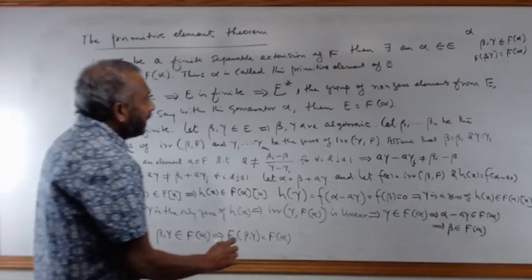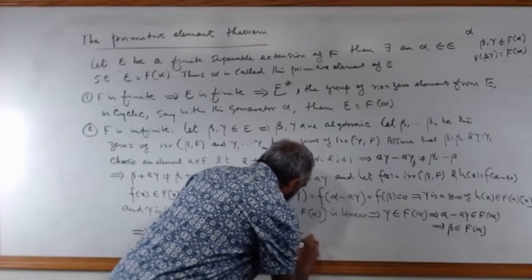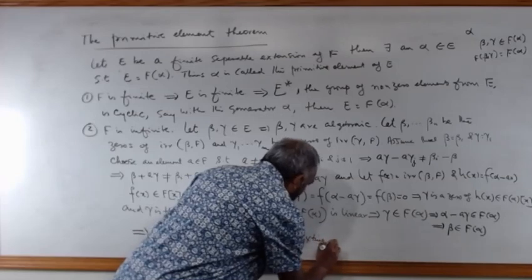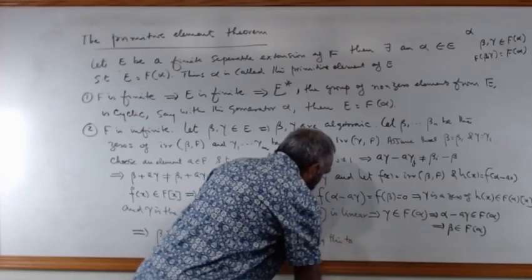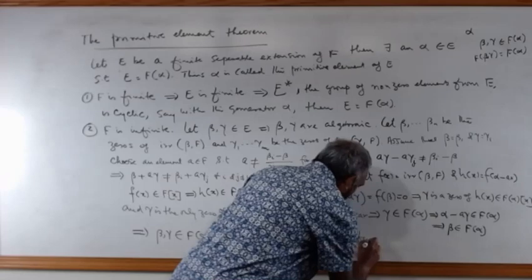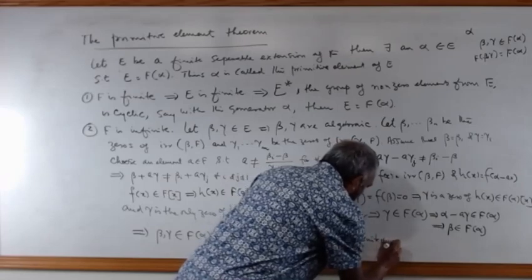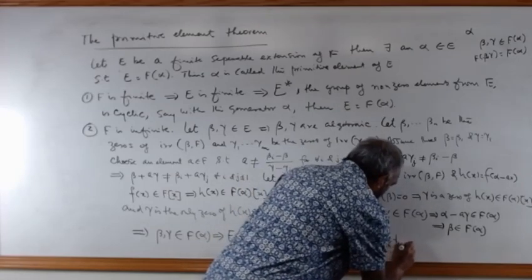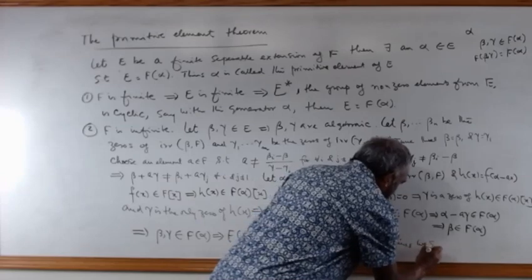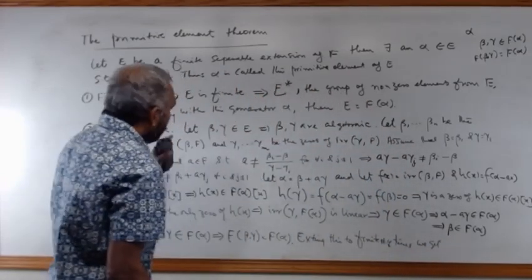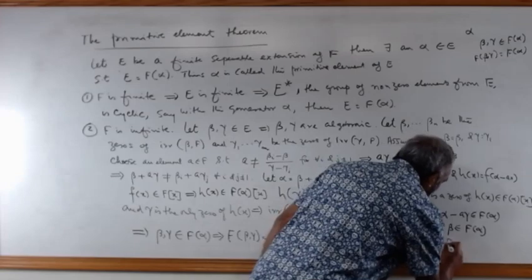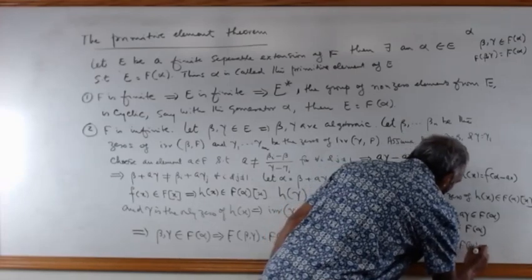So extending this a finite number of times, we get E is equal to f of alpha.